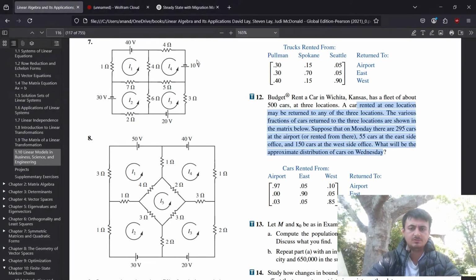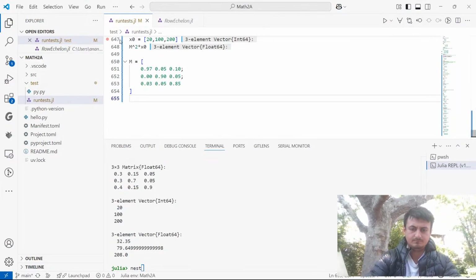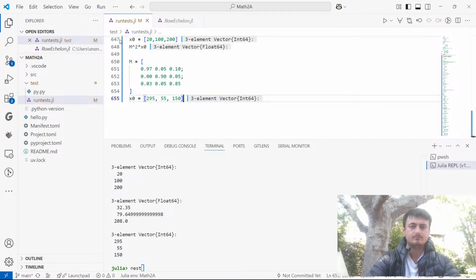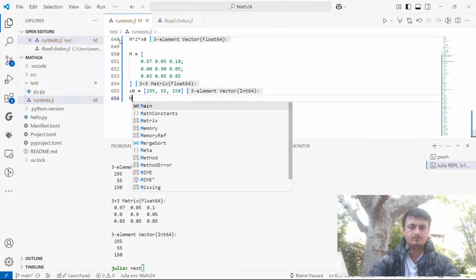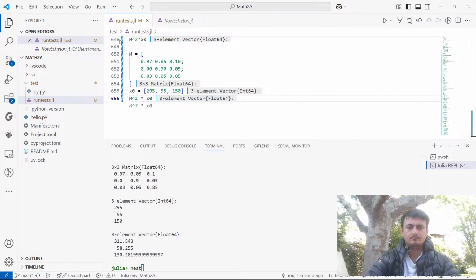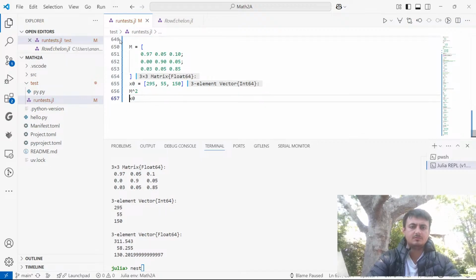What was the initial condition? Does this work?